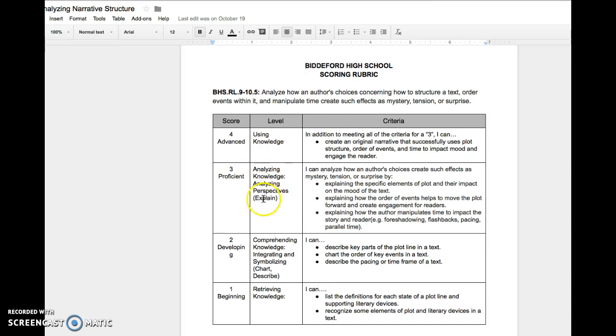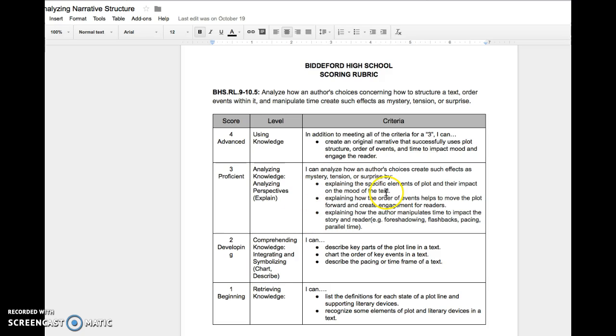We knew that was at this level, and we used that language of the standard: I can analyze how an author's choices create effects such as mystery, tension, and surprise by doing these things. So we made sure that if it didn't explicitly state it up here, we explained how I was going to be able to measure if students could do this or not. I'm looking for these specific measurable things in their performance.